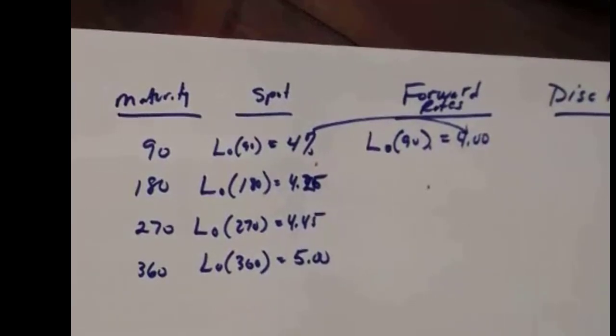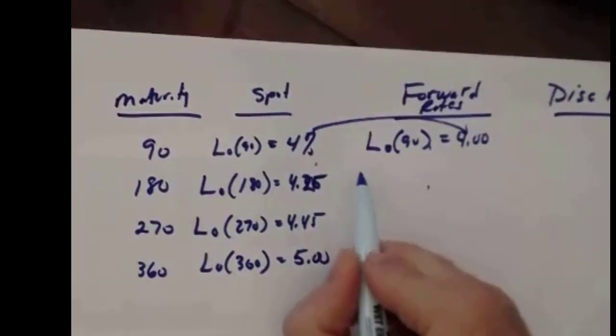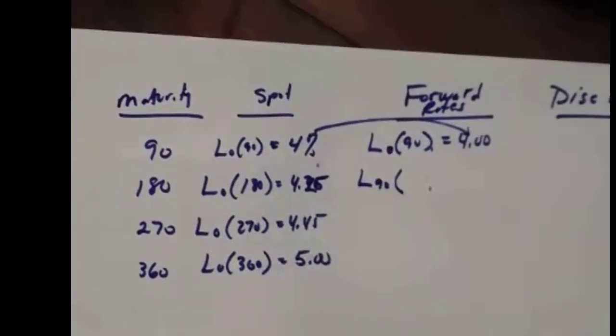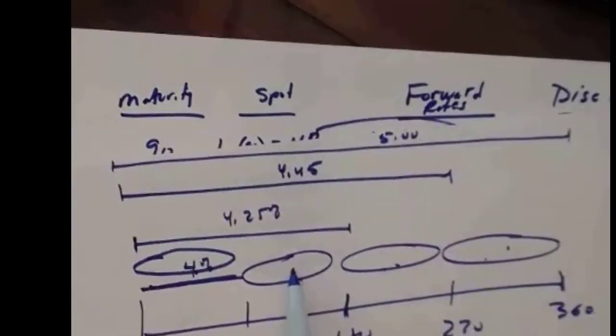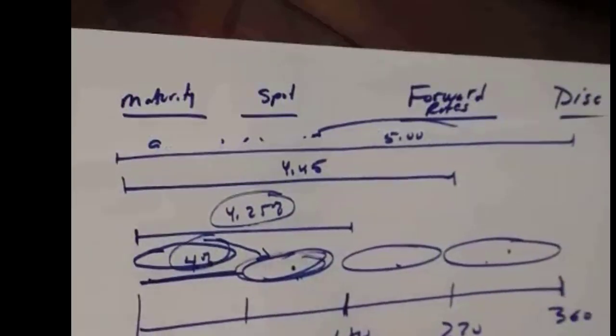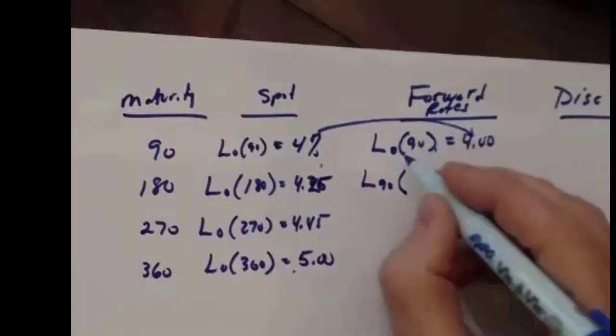Okay, and then what we have to do is calculate this forward rate. The way we're going to calculate it is using this information and this information, we can back into this guy right here. That's where we're going, backing into it.